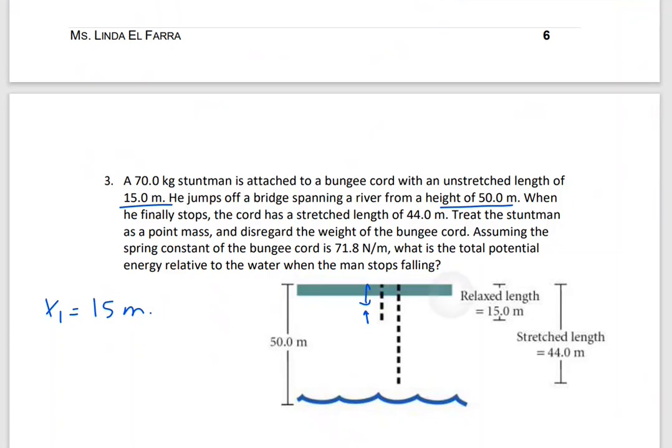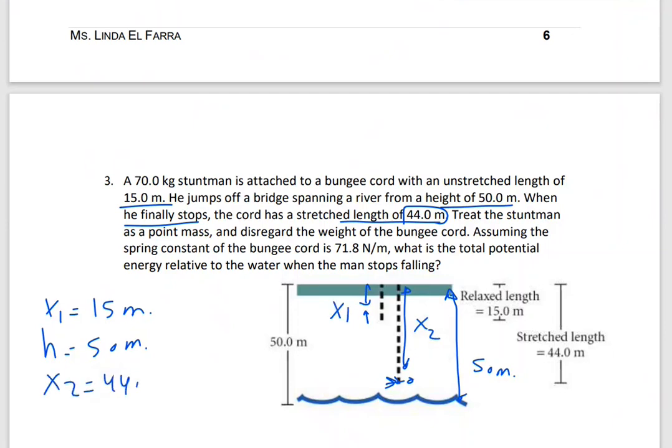So the height of the bridge from here till here is 50 meters. When he finally stops, he didn't reach the surface of water. He stops here. The cord has a stretched length, so this is the new length of the cord from here till here. This is X2, and this one is X1. X2 is 44 meters.